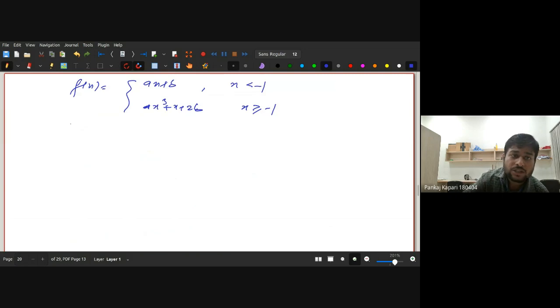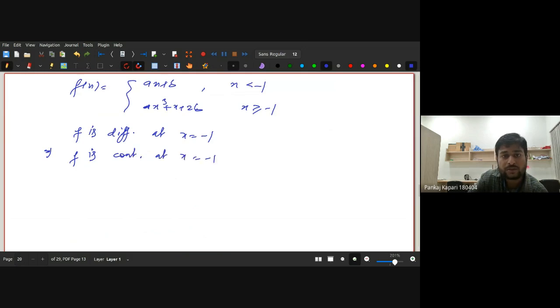Now since the function is differentiable everywhere, it is differentiable at x equal to minus 1, and therefore also continuous at x equal to minus 1. So what is the value of the function at minus 1? At minus 1, the value of the function is a times minus 1 plus 2b.